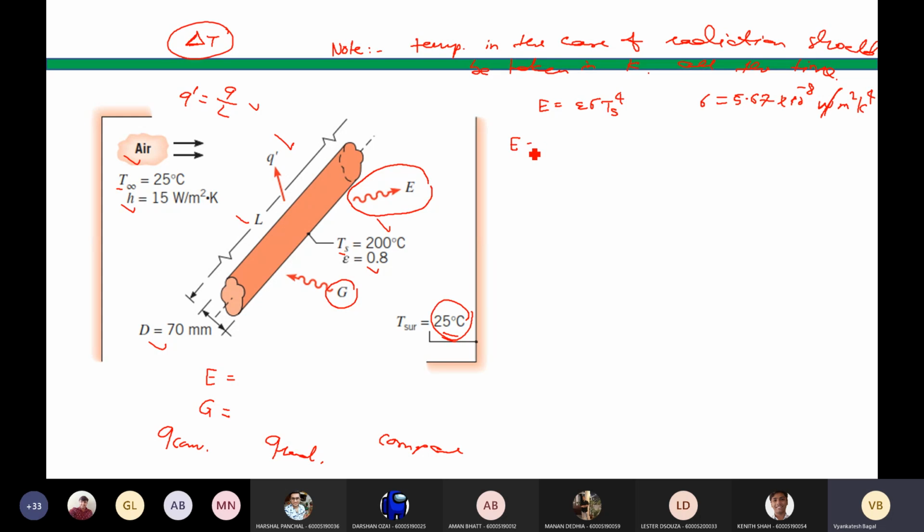Now find out this emissive power E. So epsilon is the emissivity, which is 0.8, then 5.67 into 10 raised to power minus 8. And what is the surface temperature? So it's 200 plus 273, correct? Raised to 4. Tell me, what is the emissive power?